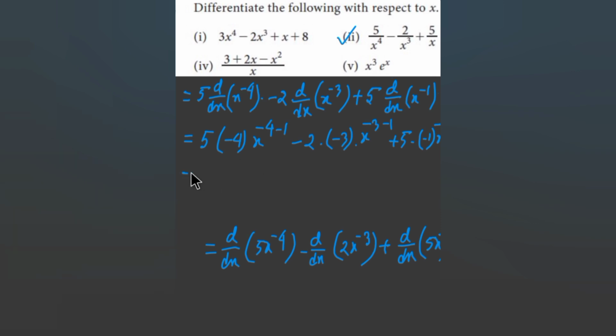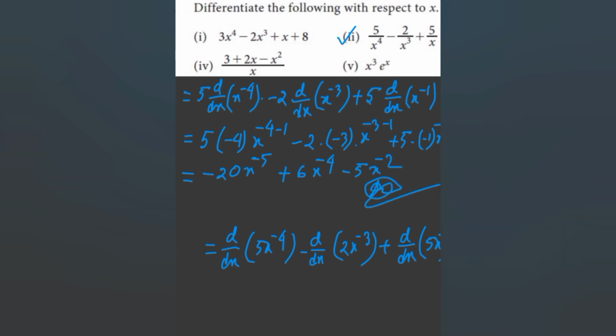So we can write 4 times 5, that means 20, and plus times minus equal to minus 20 x to the power minus 4 minus 1, that will be minus 5, minus times minus equal 5, and 3 times 2 equals 6, 3 minus 3 minus 1, so the sum will be minus 4, plus 5 times minus 1, that means minus 5, and x to the power minus 1 minus 1, the sum will be x to the power minus 2.